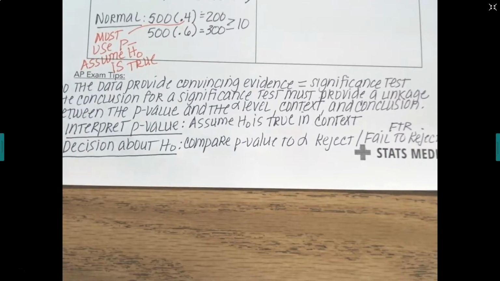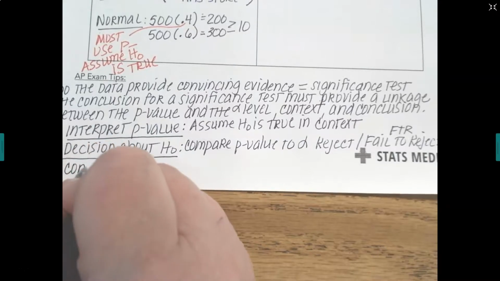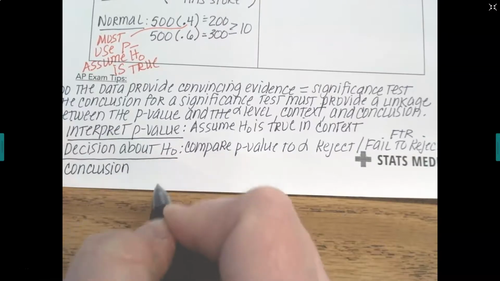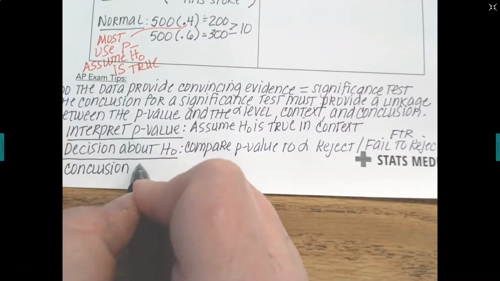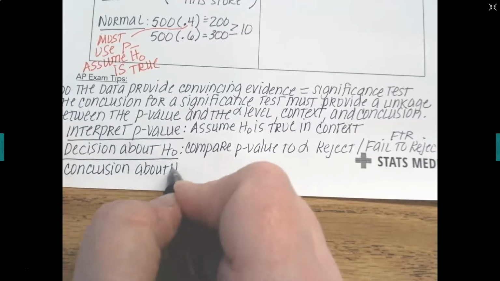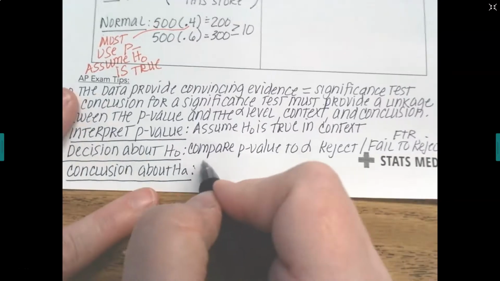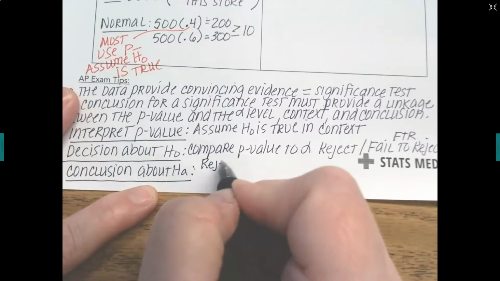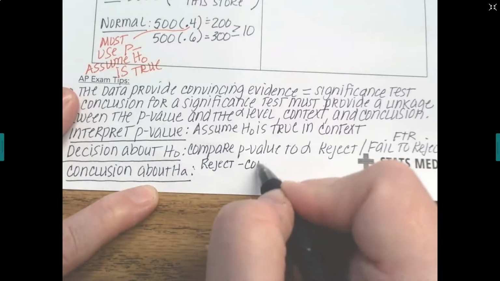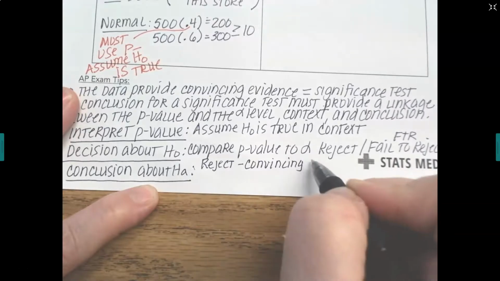And the final thing, you have to include this too, is your conclusion about your alternative. So what does it mean? Your decision about your null, what does that mean for your alternative? Okay, so if we rejected, that means we have convincing evidence for the alternative.